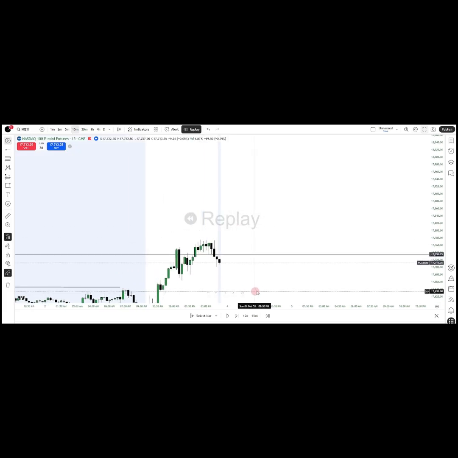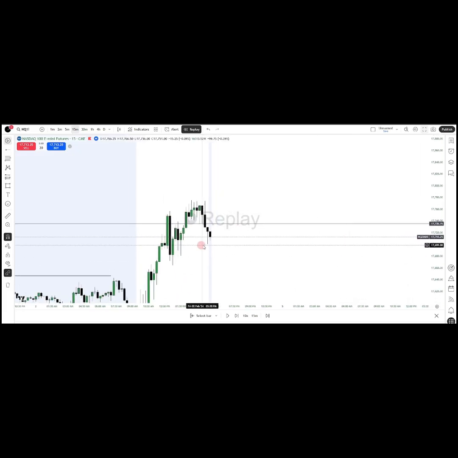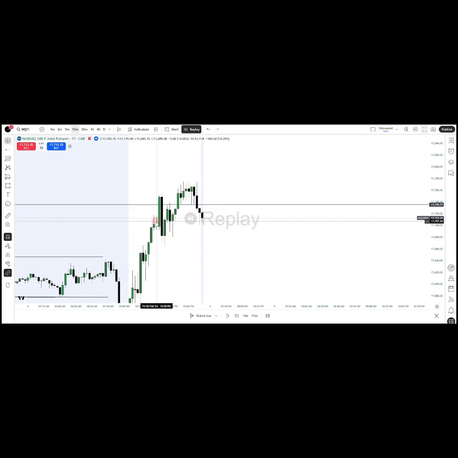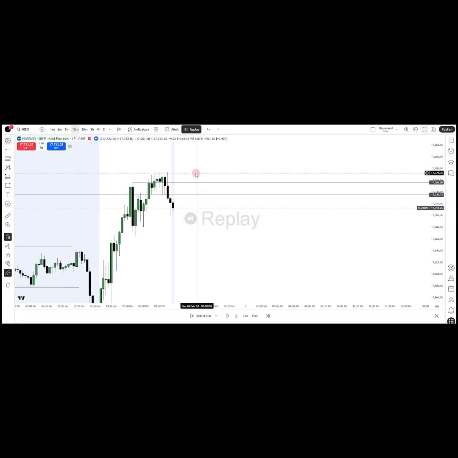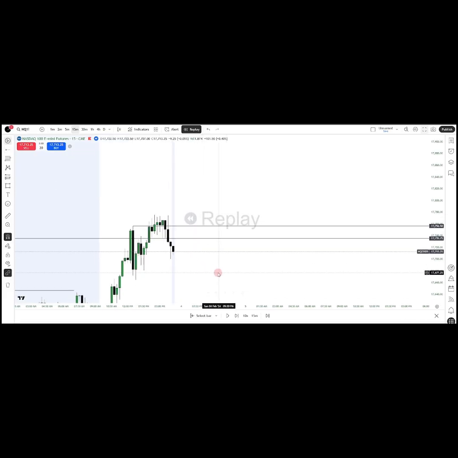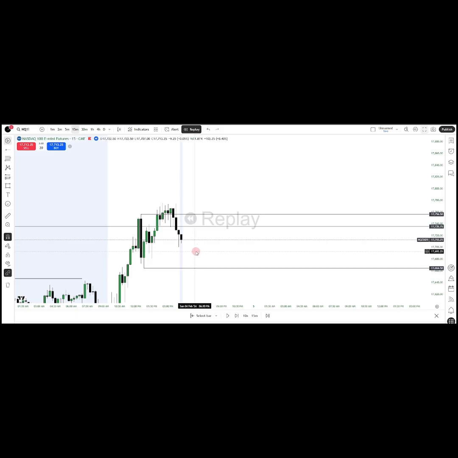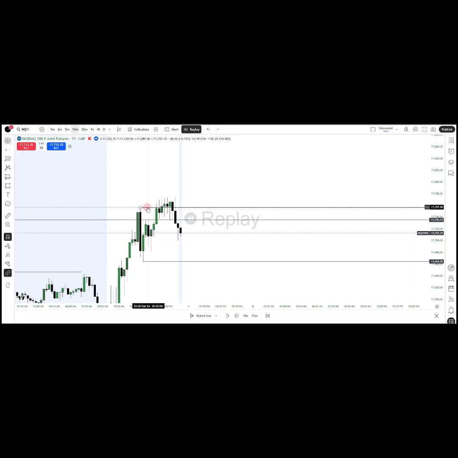Okay, so now we start to get some rejection from it, and then we've finally moved past this new high right here. So where am I looking now? I'm basically looking at these lows right here. Only reason I say this is because of all this wicking and little displacement, barely any, that we got from this high.